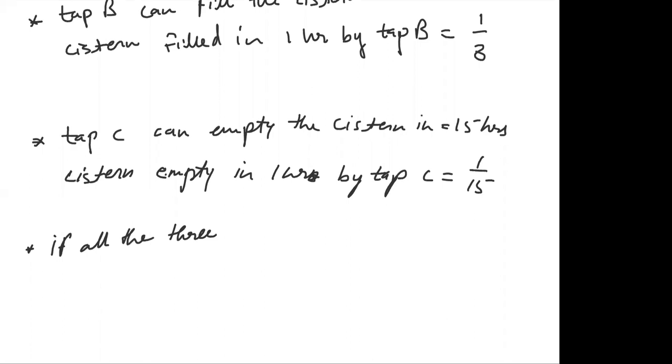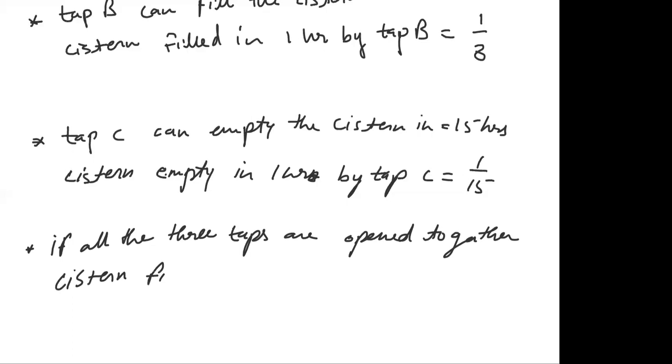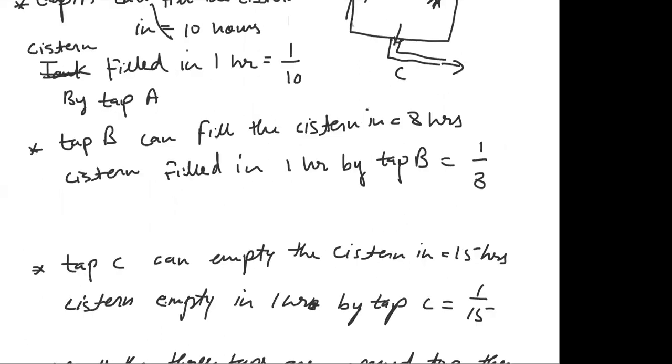If all the three taps are open together, then in 1 hour, how much will the cistern fill? The cistern filled in 1 hour is equal to, because in 1 hour tap A is filling 1 upon 10, in 1 hour tap B is filling 1 upon 8.